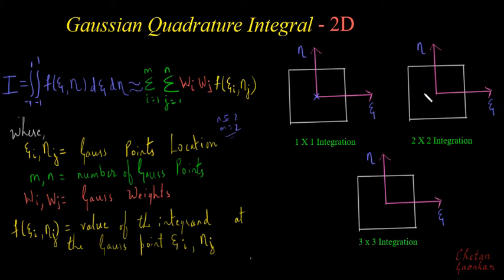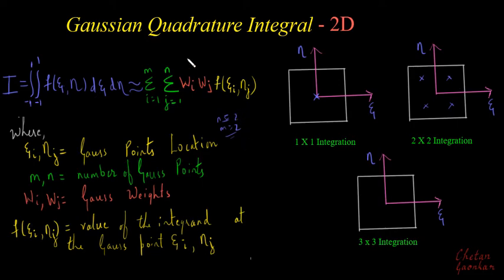Since in xi direction we need to evaluate this integral at 2 points, which should be balanced, it should be somewhere here and somewhere here, and in eta direction also at 2 points, somewhere here and here. Therefore our total points where we will be evaluating the function will be 4. One will be this, one this, one this, and one this. Basically why this is 4 is, it is nothing but n cross m.